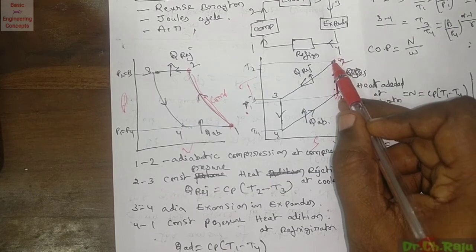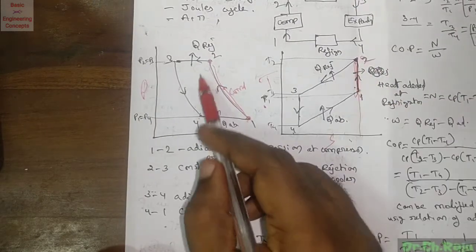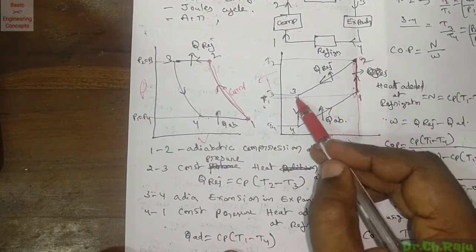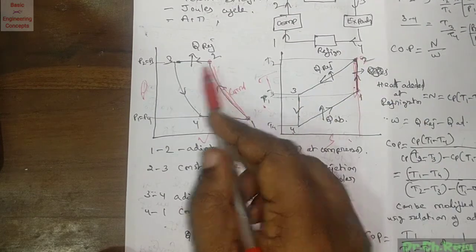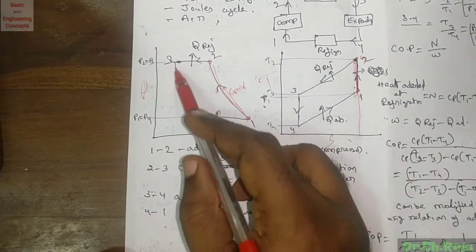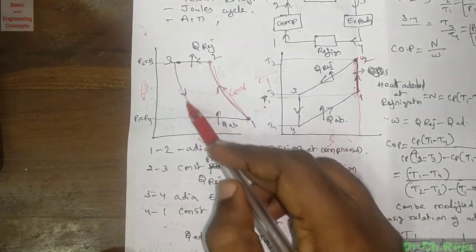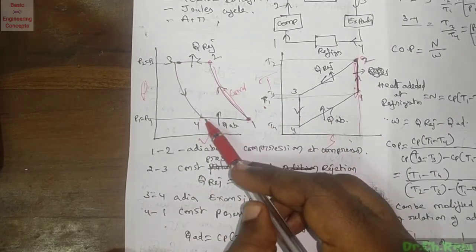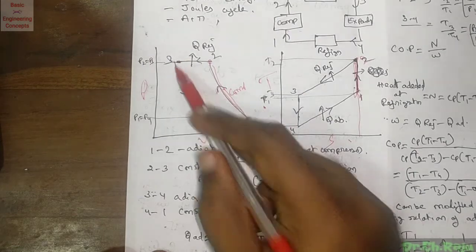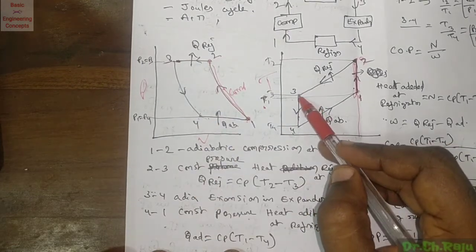Then it moves to the cooler, where heat is rejected. This is the constant pressure process. After that it is expanded, and the pressure is drastically reduced from P3 to P1 and P3 to P4. Here the temperature once again falls.